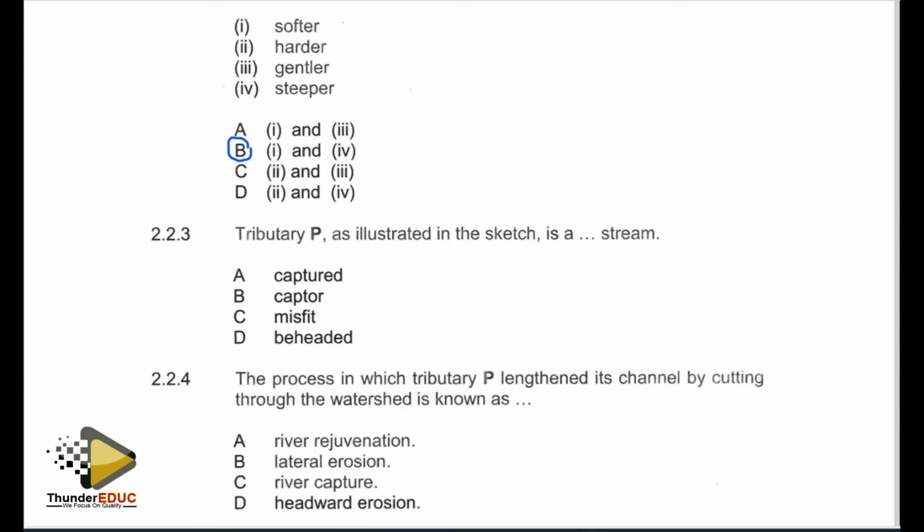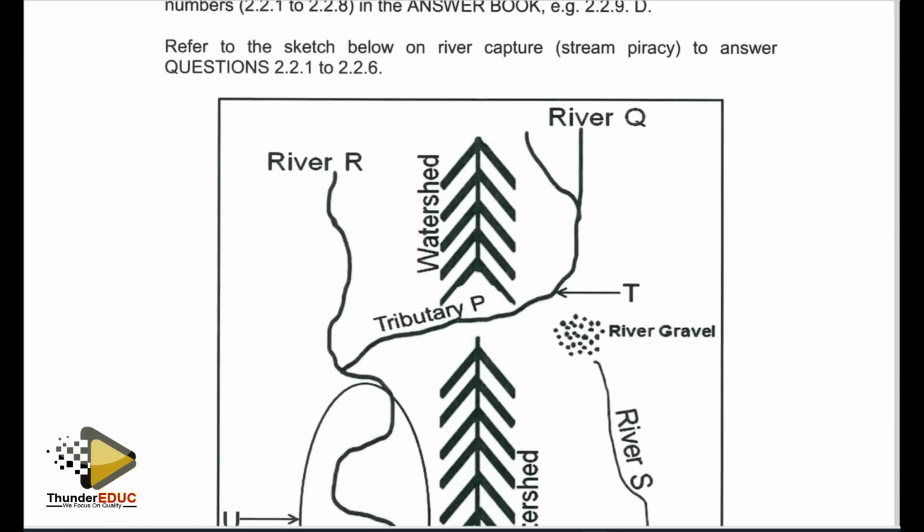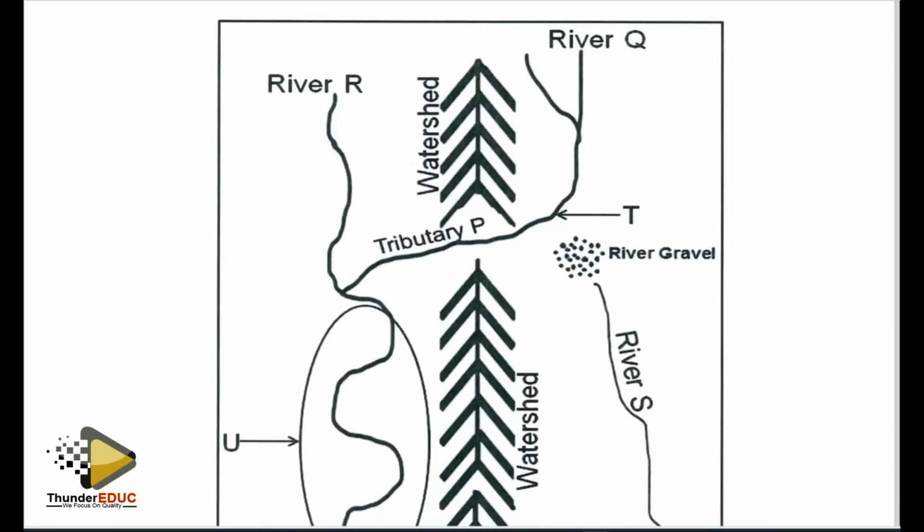Tributary P, as illustrated in the sketch, is a dash stream. Right, let's just label all the aspects here, river R and river Q. This tributary P is the one which intercepted the headward waters of river Q. So it means this one is the captor.